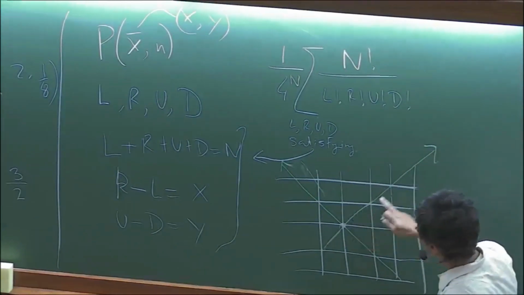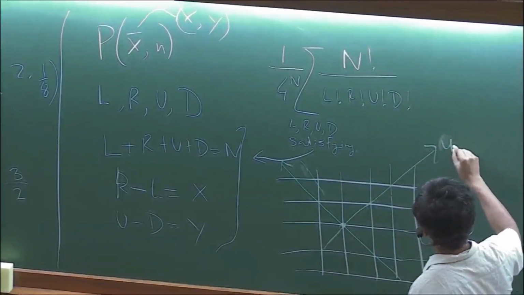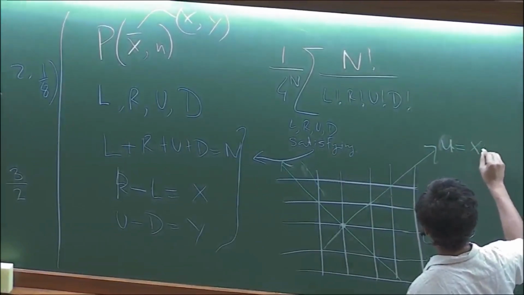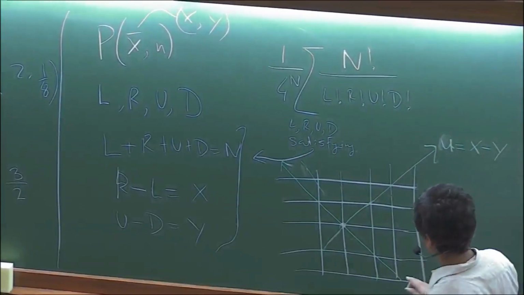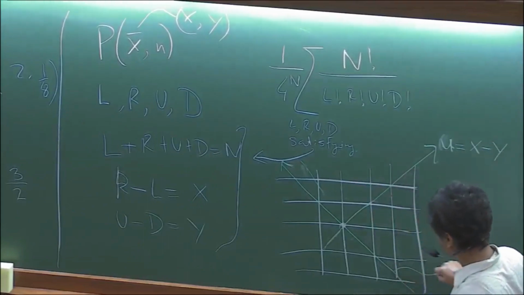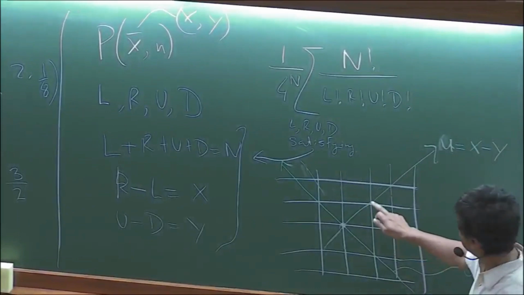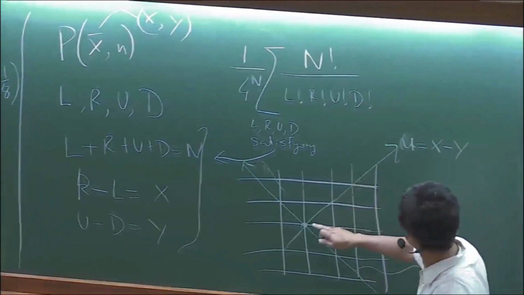If you look at this line, this is given by, let's say, u equals x minus y, and this axis is given by, what is this axis given by? This is like x minus y equal to 0.